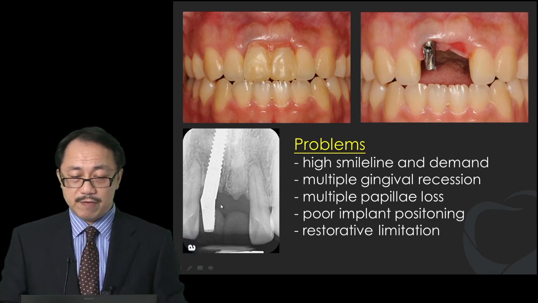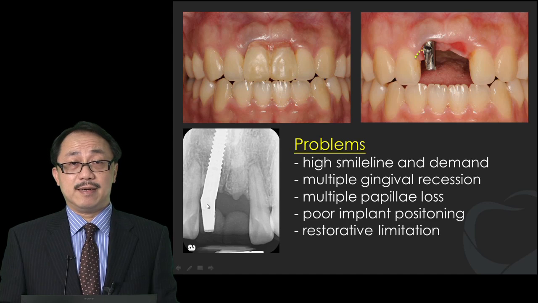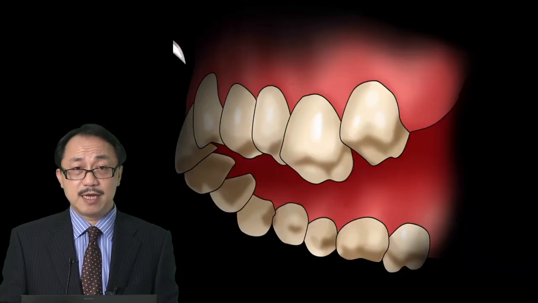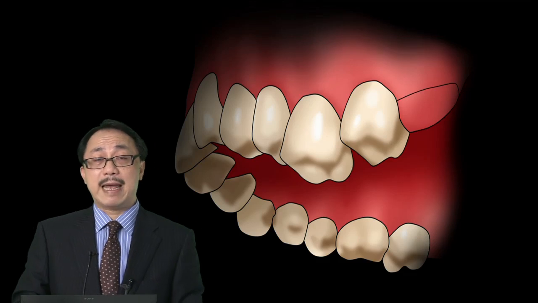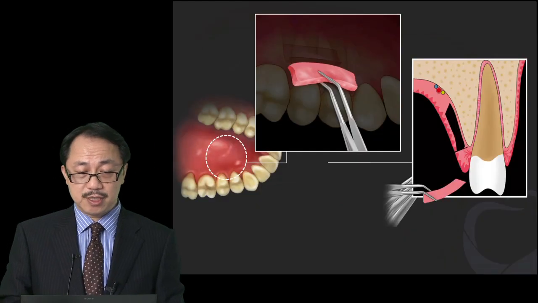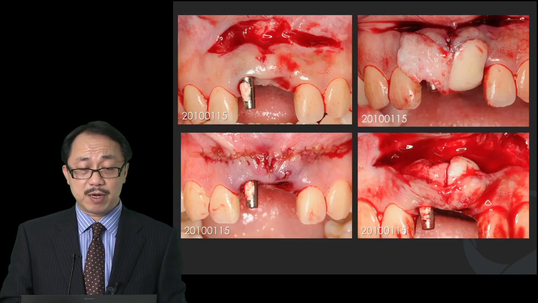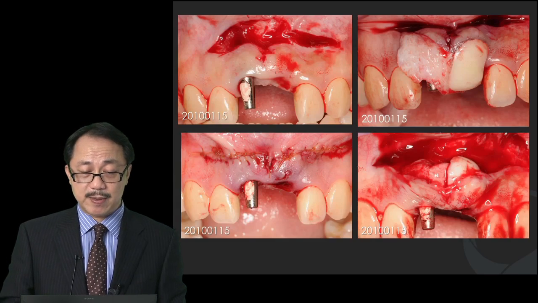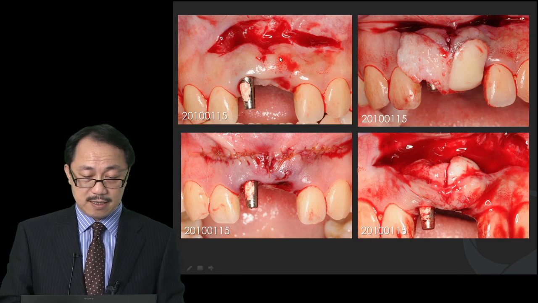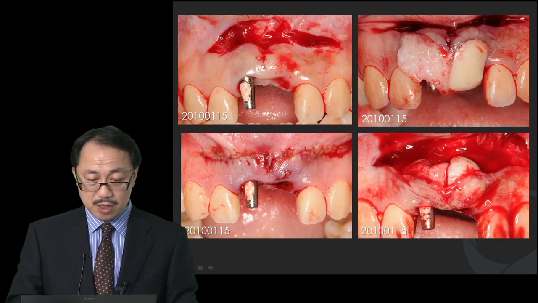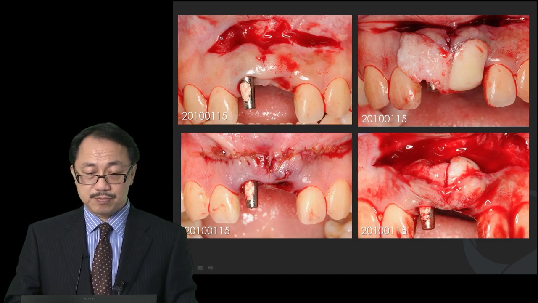So we then harvested a graft from the retromolar area and from the palate as well, and we inserted it by making a pouch from the apical coronal position, and tried to wrap this soft tissue around the buccal aspect, the occlusal aspect and the lingual aspect, and release this tissue and secure it at the same time to try to cover all the donor tissue.